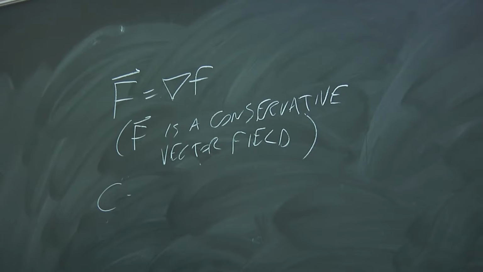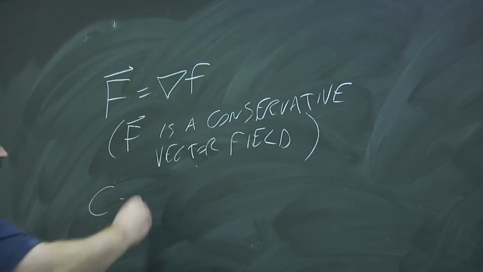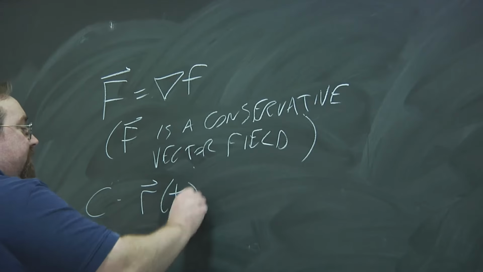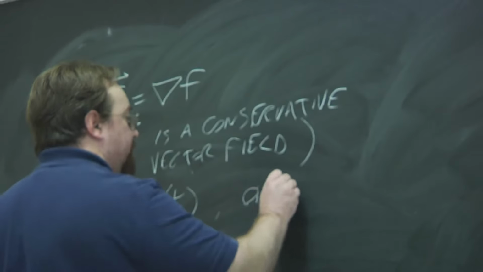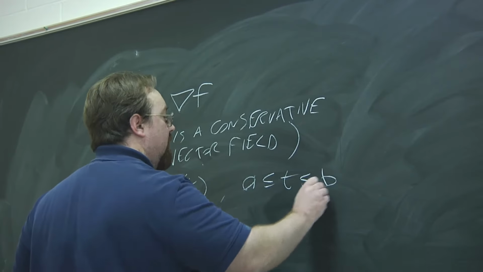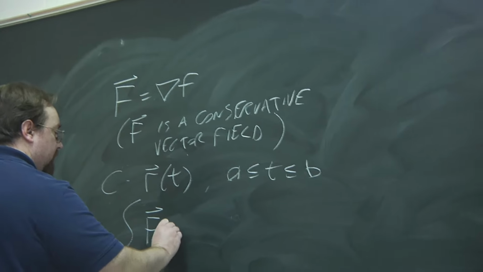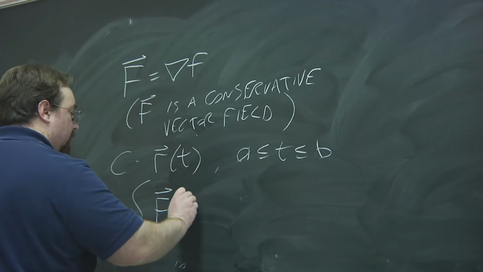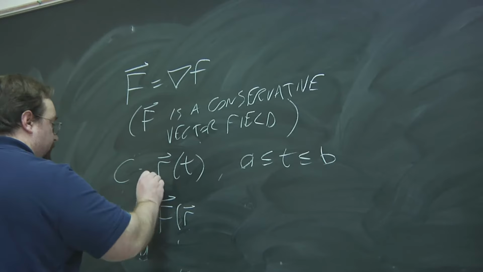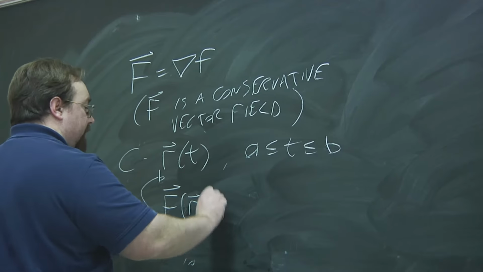It's not necessarily closed. And so we have a parameterization, r of t, where t runs between a and b. Then the line integral of a vector field over a curve, I'll just fill in the parameterization right now.